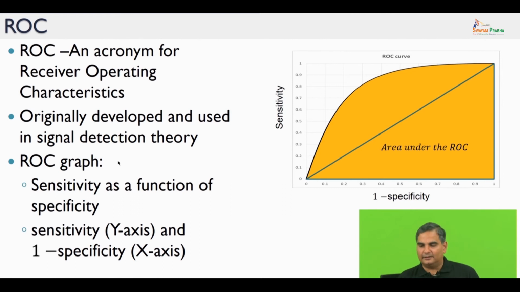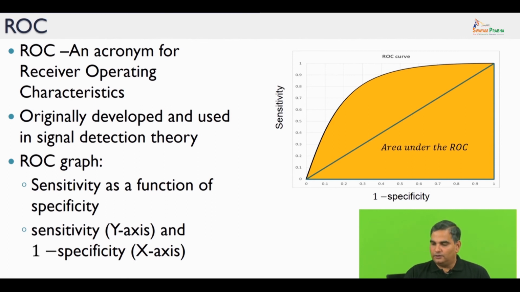One last curve which is seen in many papers and reported is this curve called ROC, which is an acronym for receiver operating characteristics. This was originally developed and used in signal detection theory.